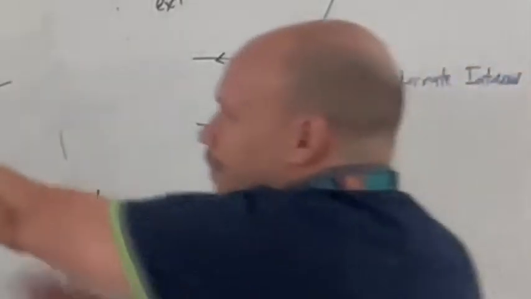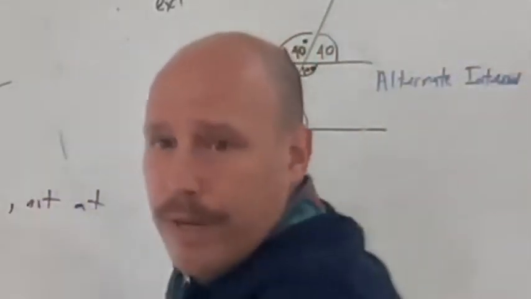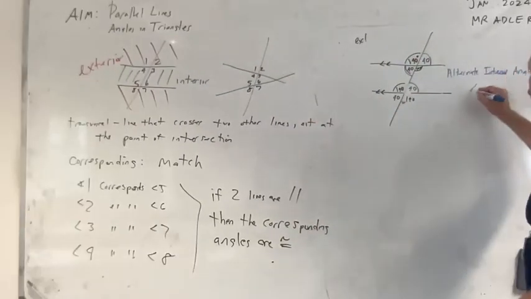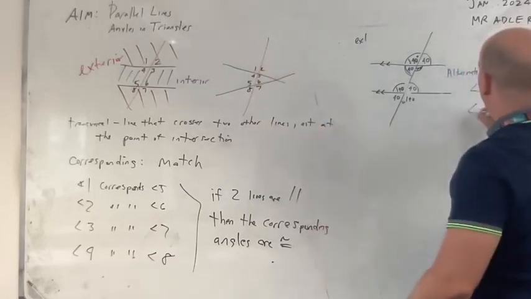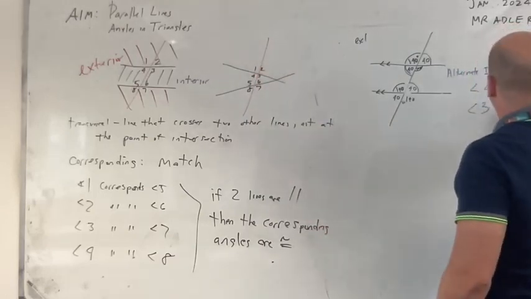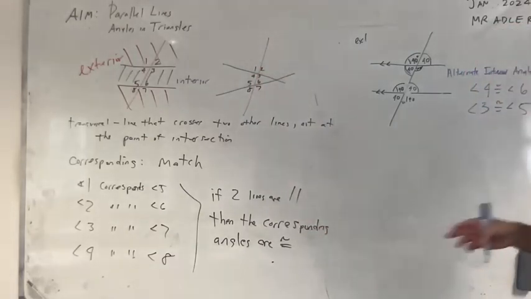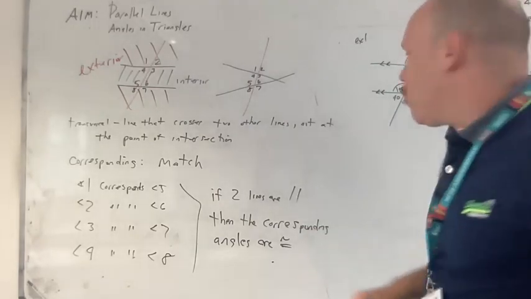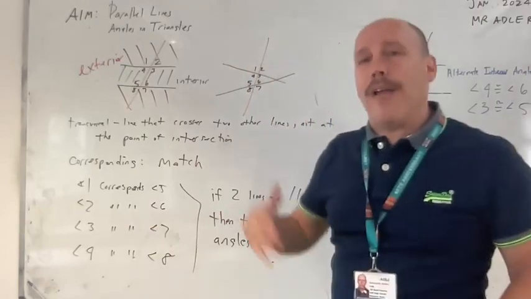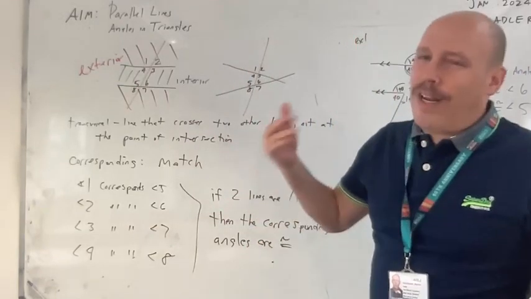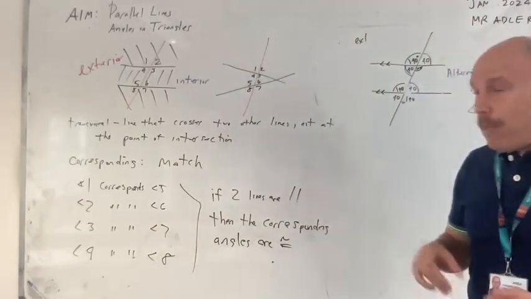So if we use the numbers we did over here, we would say that angle 4 is congruent to angle 6, and angle 3 is congruent to angle 5. So these are other connections you can make. If someone says, why is angle 4 congruent to 6? You say, because the lines are parallel, the alternate interior angles are congruent.